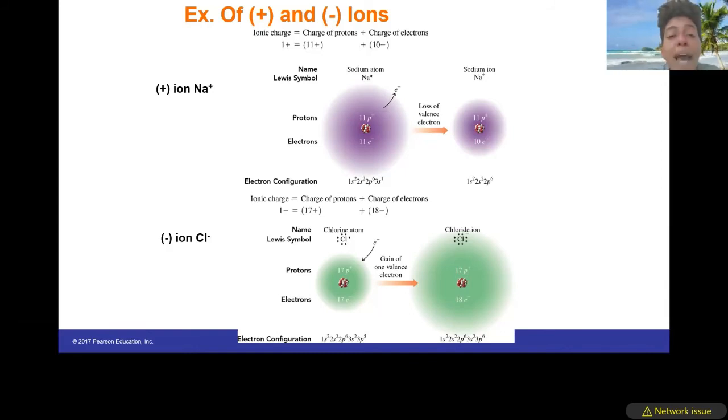The sodium atom is larger than the sodium ion. Because it loses that outer electron, it is going to now lose a whole energy level. So now the ion itself is smaller than the atom.